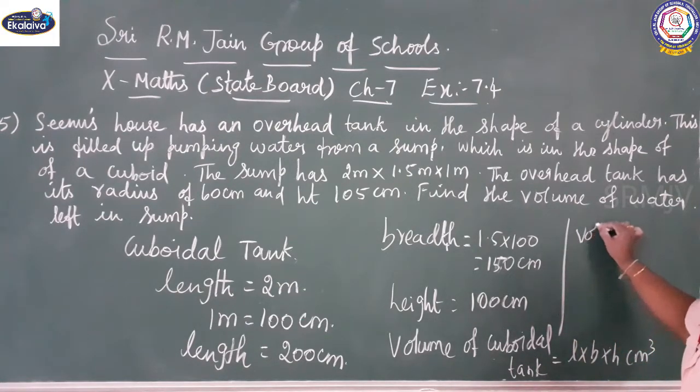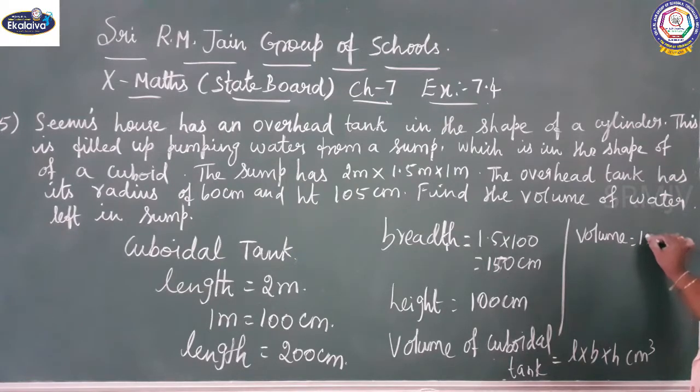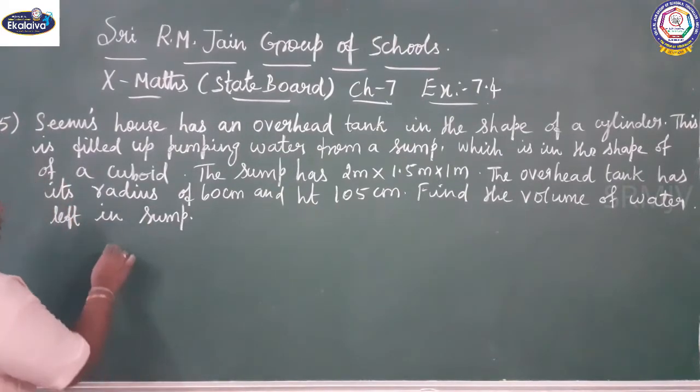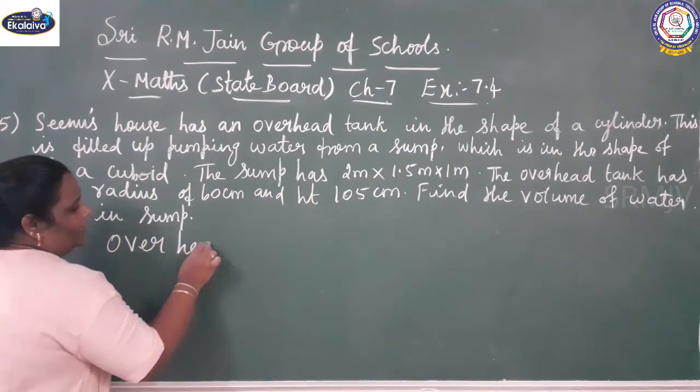So volume equal to 200 into 150 into 100. So how much? 30 lakhs. It is nothing but 30 lakh centimeter cube. Next we are going to see the overhead cylindrical tank.